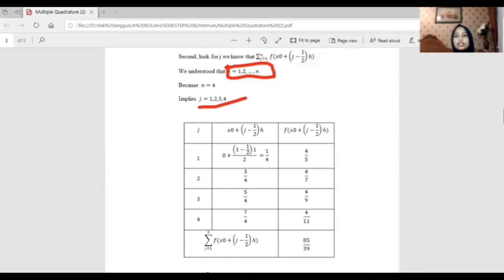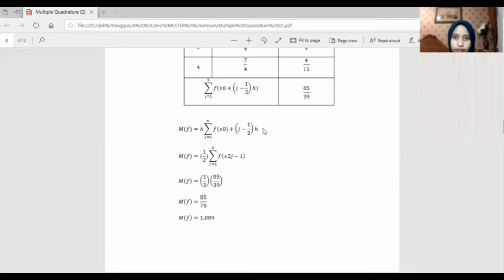This is to help you understand how to look for the value of the function of x0 plus j minus 1 over 2 times h. So we can look for the MF.